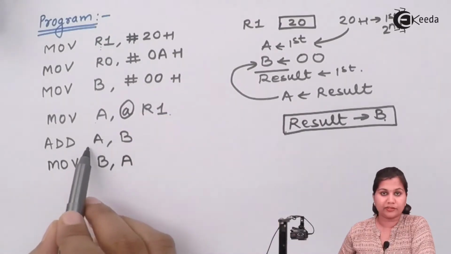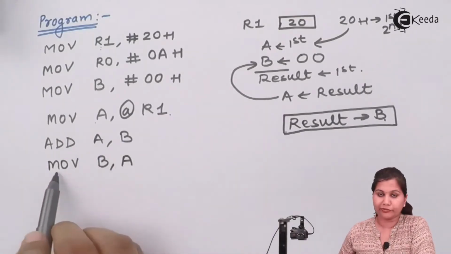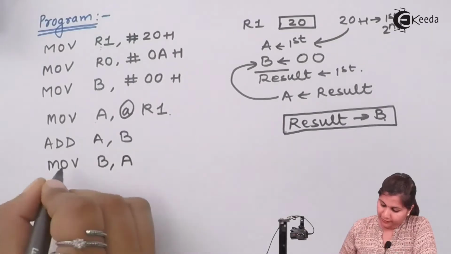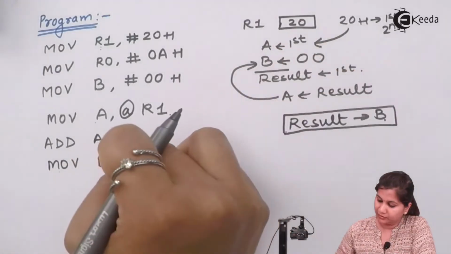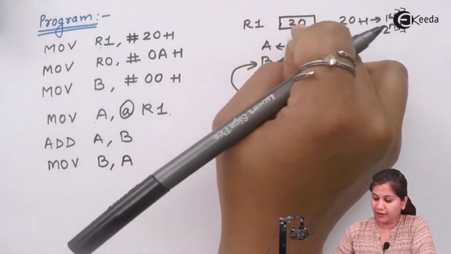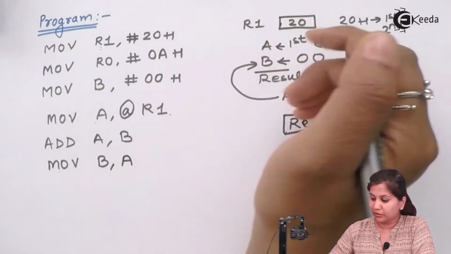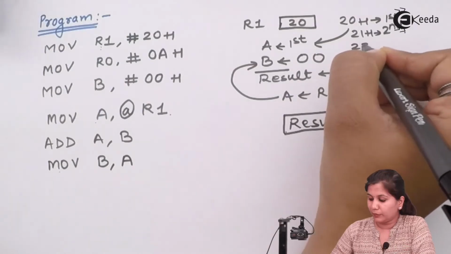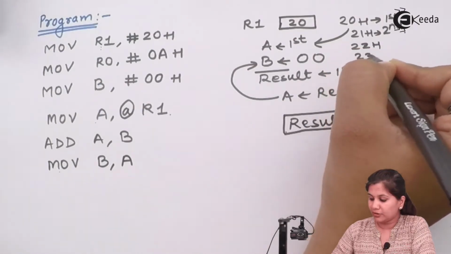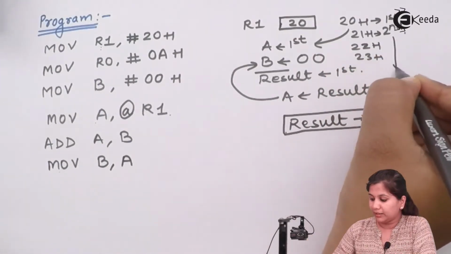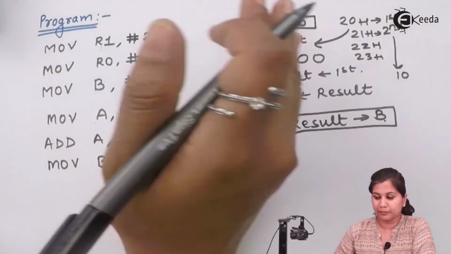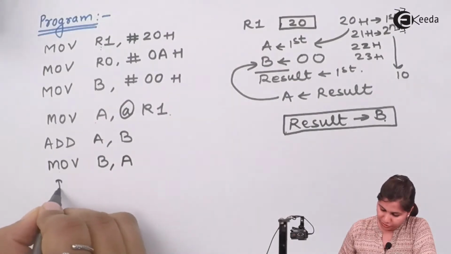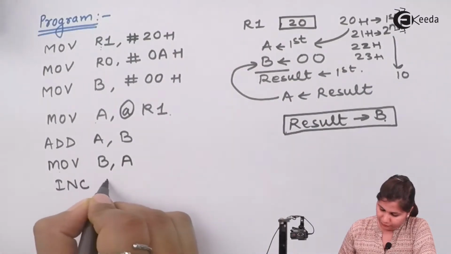Afterwards the result in the accumulator is shifted to the B register. Now when this is done, R1, that is 20H, has to be incremented so that it can point to the second number, then 22H, 23H, so that all 10 numbers can be added. To increment R1, we will write the instruction INC R1.